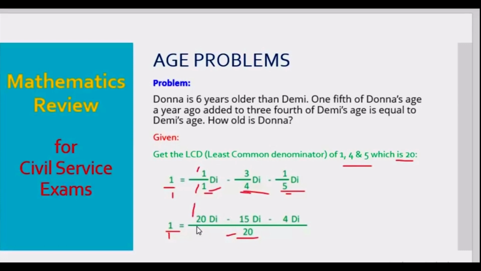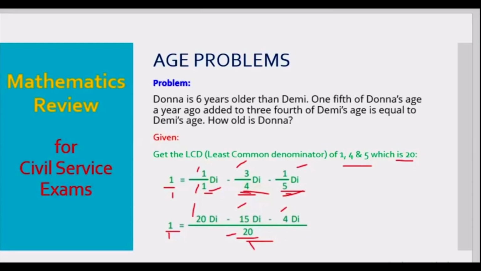So it comes out 20 over 20, still 1 over 1. Then 20 divided by 4 times 5 times 3 is 15. Then 20 divided by 5 times 1 equals 4.